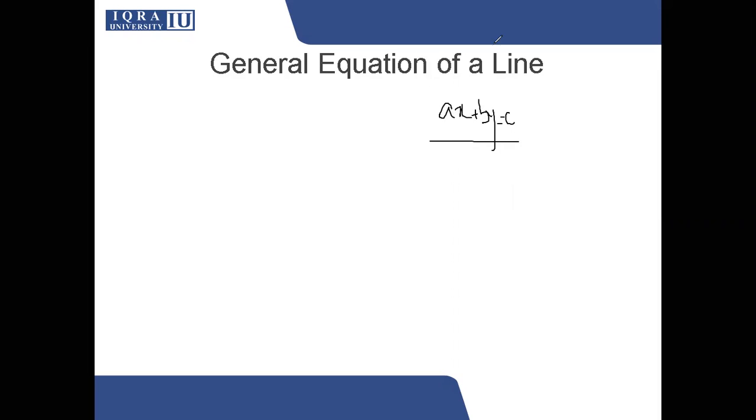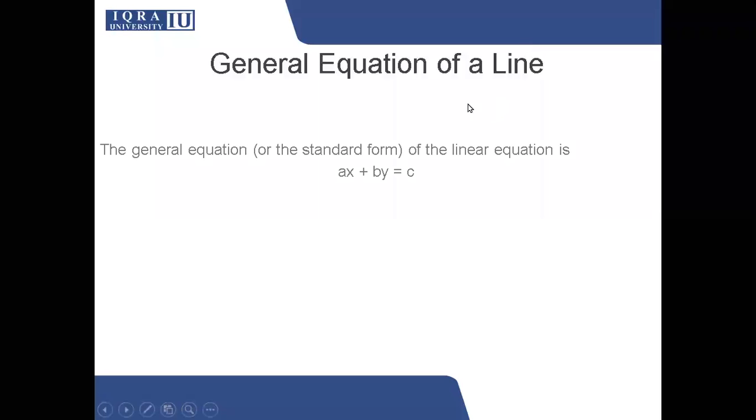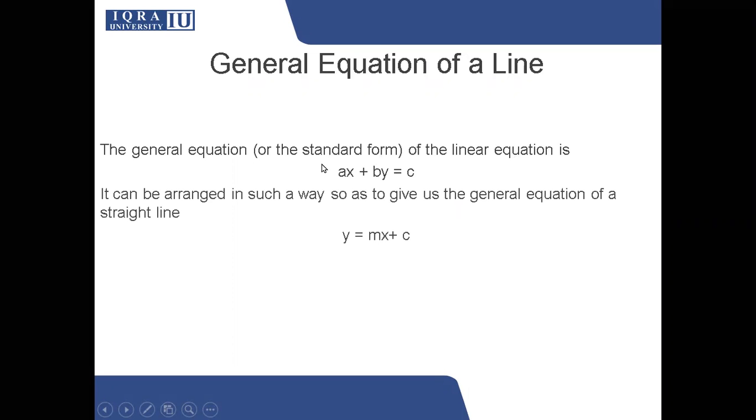It's just like this, but we use different terms. We've already studied ax plus by equals c in the previous lecture. Now we can rearrange all of this in such a way to give us the general equation of a straight line, y equals mx plus c.